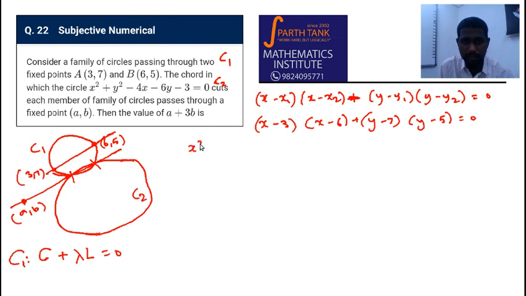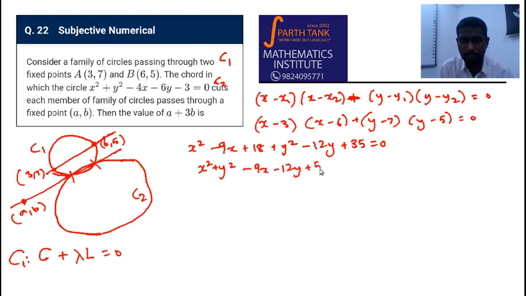Expanding this quickly, it is x squared minus 9x plus 18 plus y squared minus 12y plus 35 is 0, or x squared plus y squared minus 9x minus 12y plus 53 is 0. This is C.